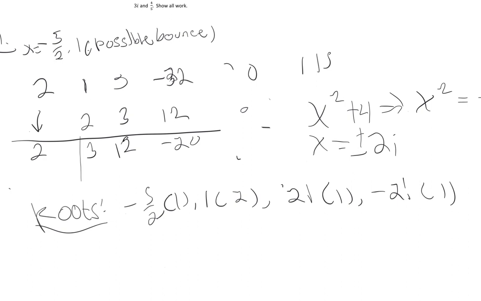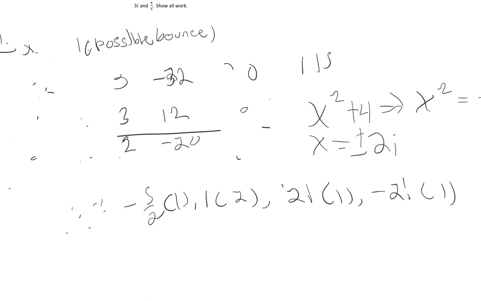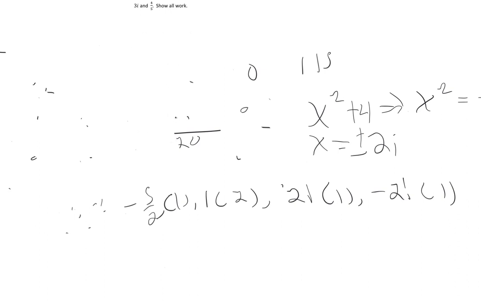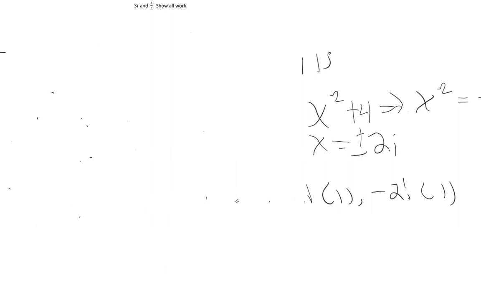I'm going to erase all of this, and then move down and do 62. I guess I could pause and erase.